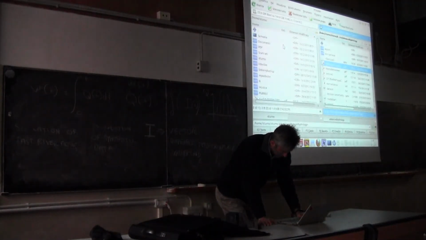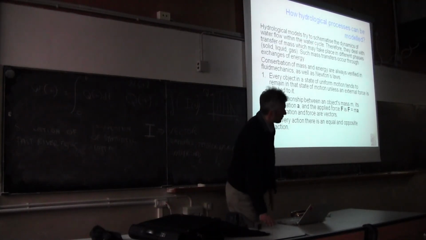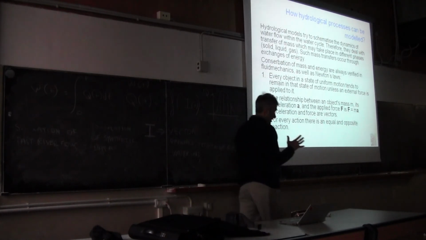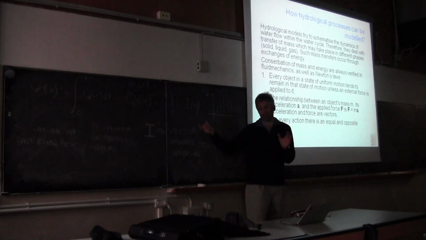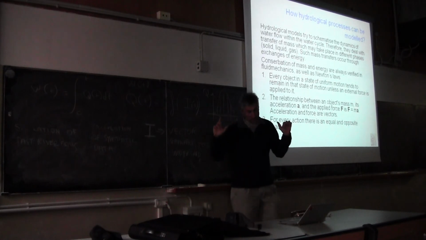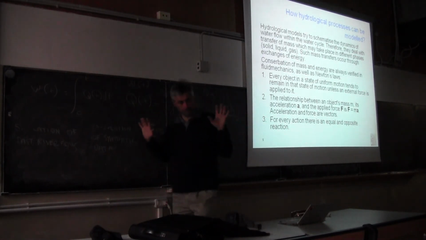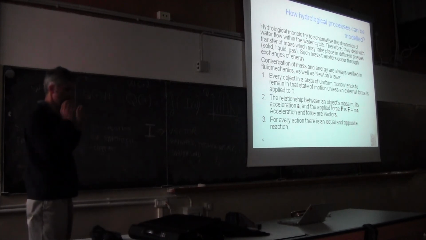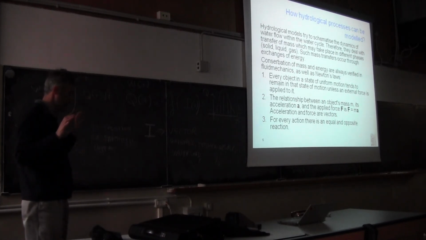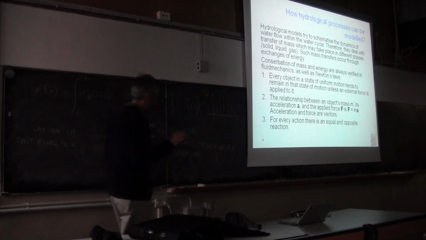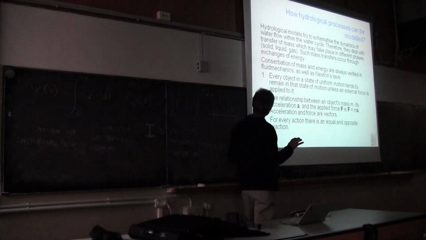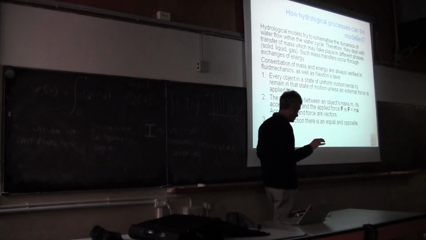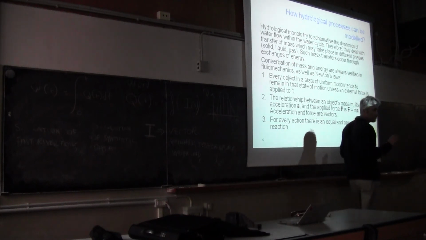Let me now get back to the question. How can we write this mathematical relationship? First, get an idea of the processes, what you need to reproduce. And then, let's make a consideration. We are talking about water that moves.